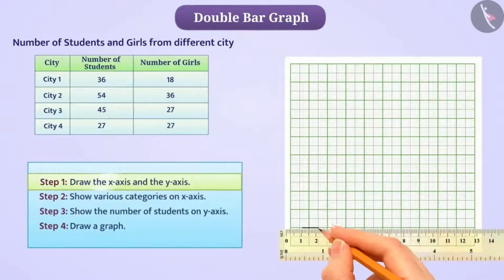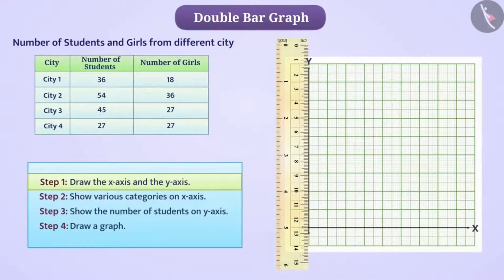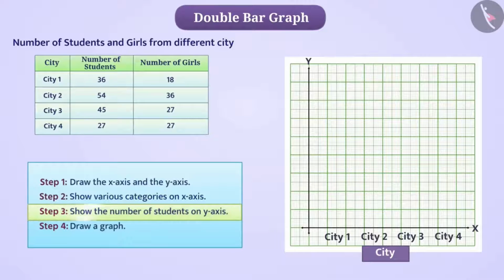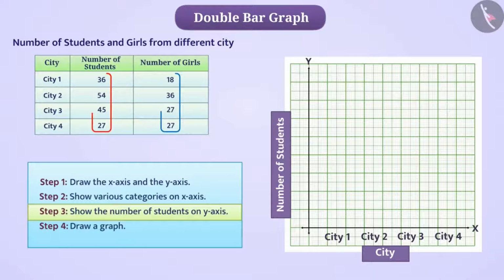First, we will draw the x-axis and the y-axis. Now we will show various categories on the x-axis, like here, name of cities. On the y-axis, we will show the number of students. We will take a convenient scale to represent the numerical data correctly.